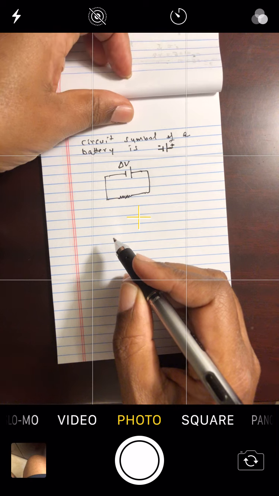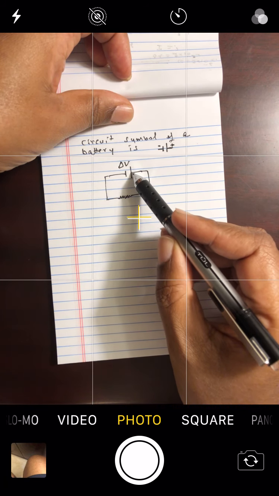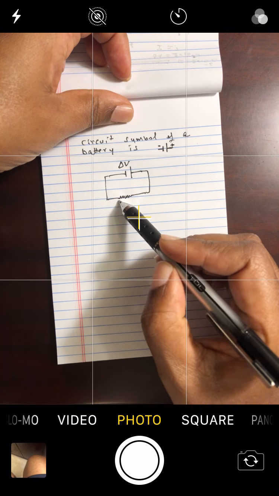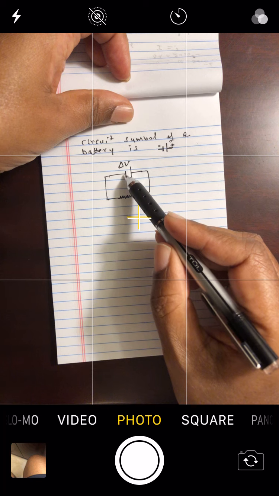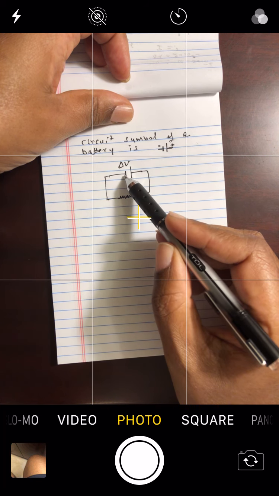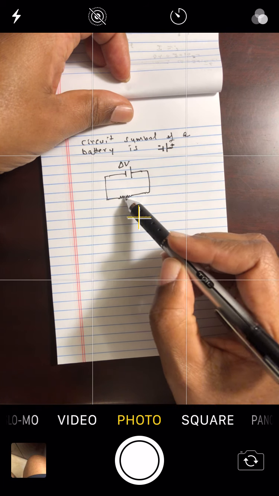So what's going to happen is this positive terminal over here is going to attract electrons from here. This negative terminal repels electrons, this one attracts the electrons, so we're going to have flow of electrons this way.